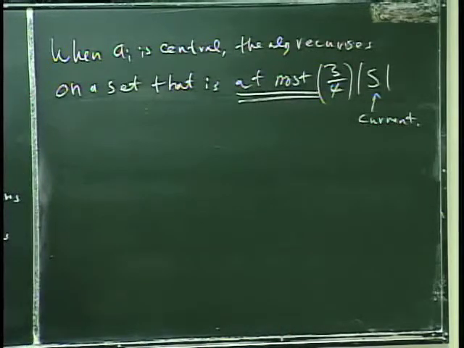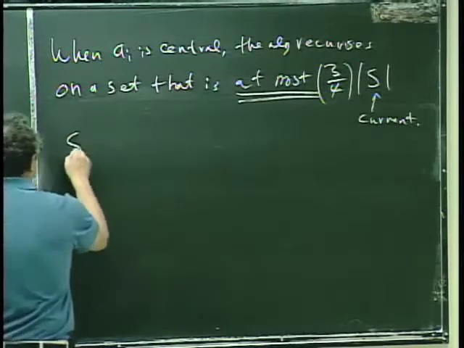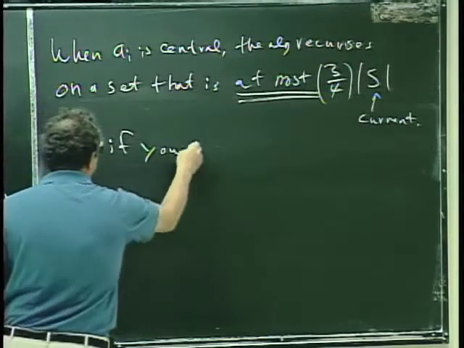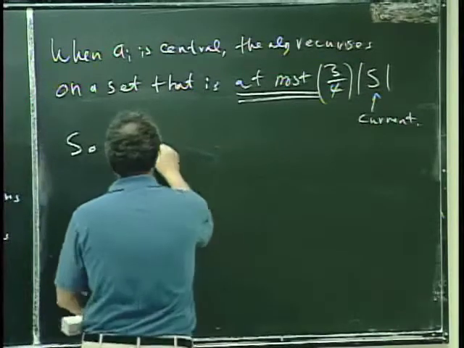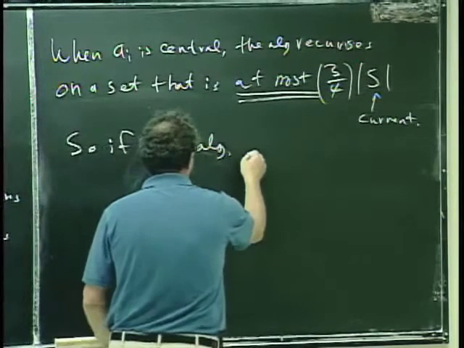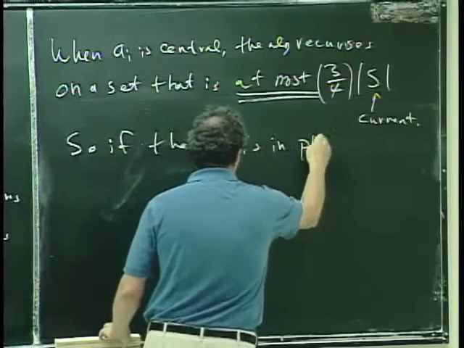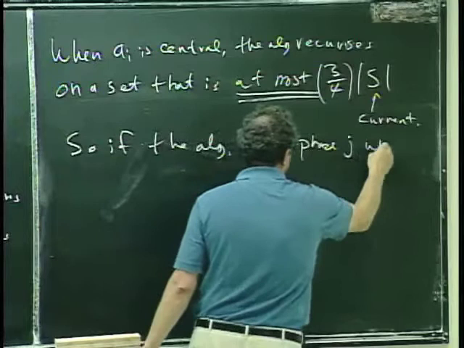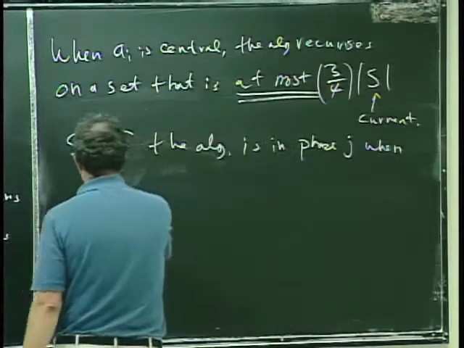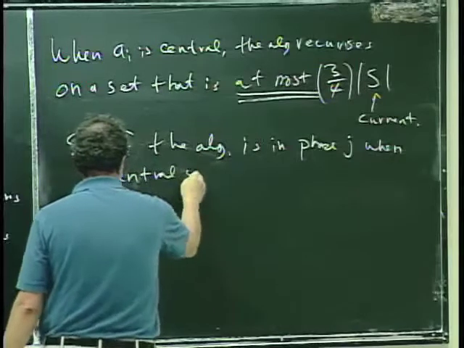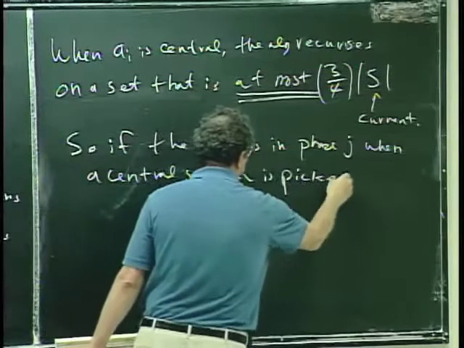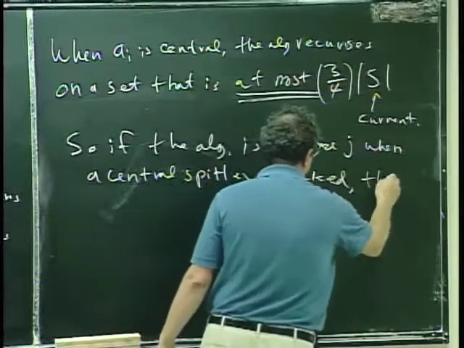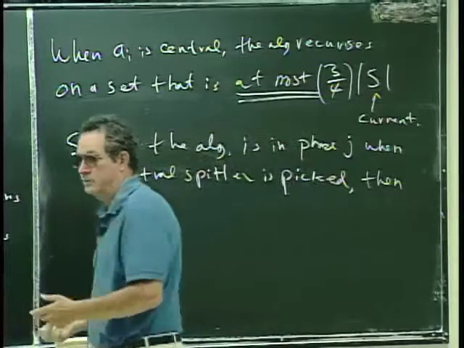So the conclusion that I want to draw here is that if the algorithm is in phase j when a central splitter is picked, then what?